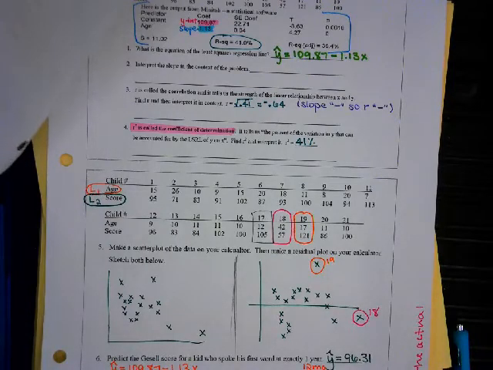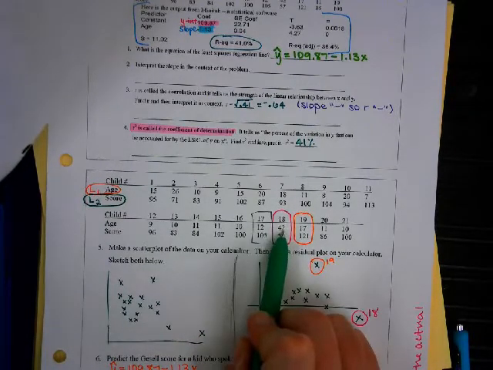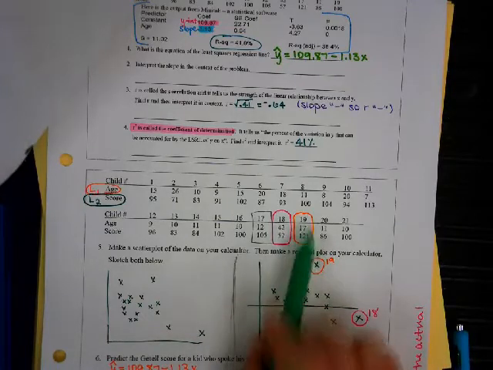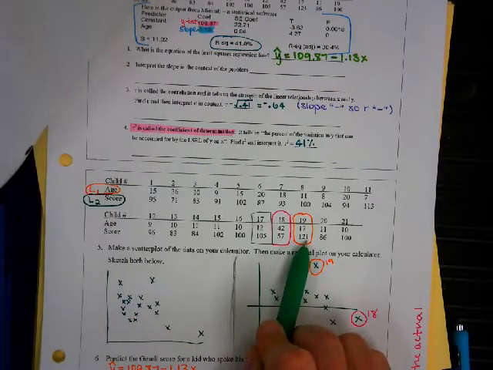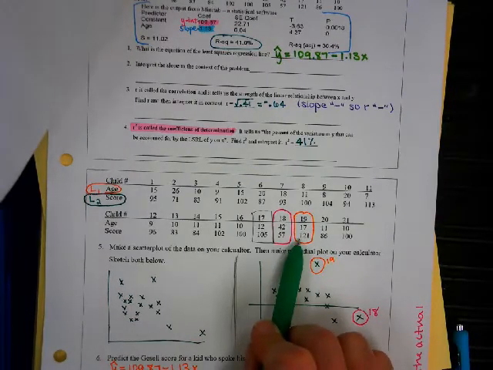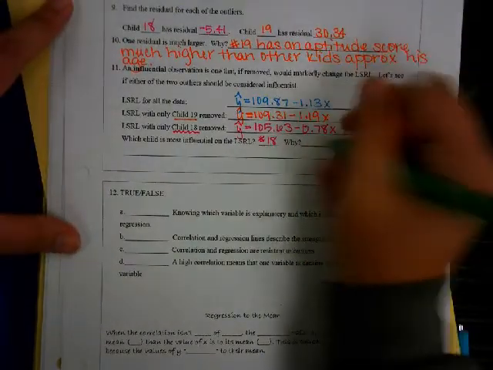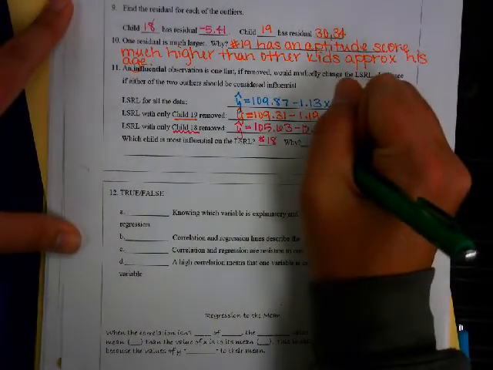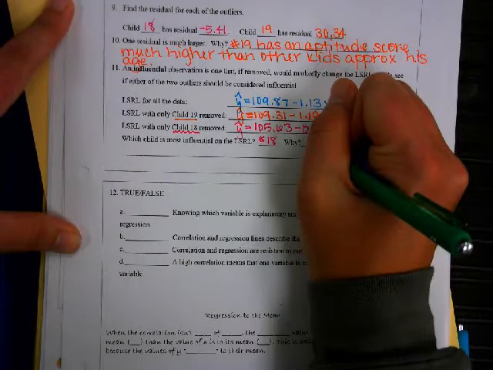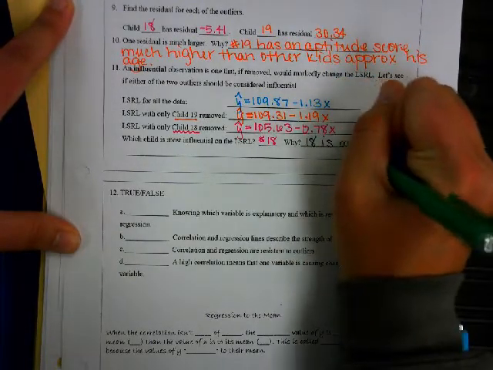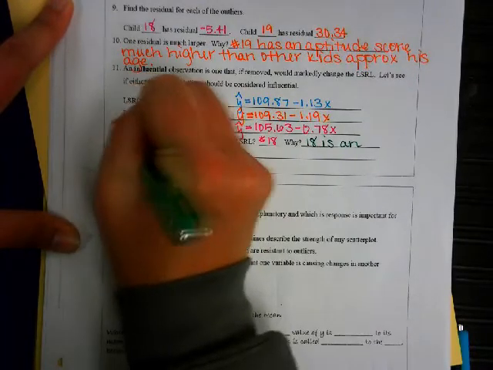Child 19 was an outlier in the y direction because his y value didn't fit with the rest of the data. And so you want to look for those outliers in the x direction. 18 is an outlier in the x direction.